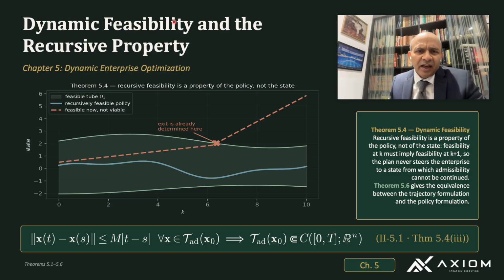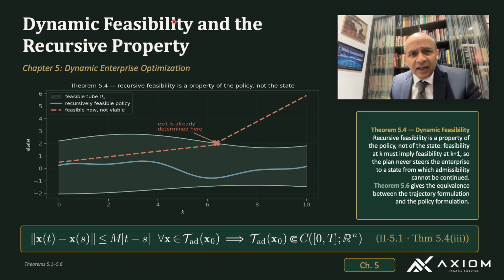Theorem 5.3, admissible policies. An admissible enterprise policy set is non-empty when a feasible reference policy exists, can be safely concatenated across review points, and is convex only under suitably affine dynamics and convex constraints, generally not under nonlinear dynamics.